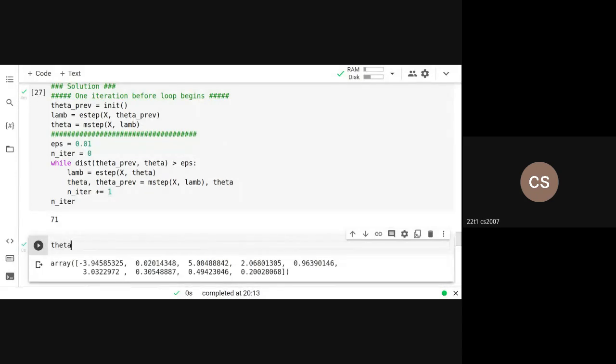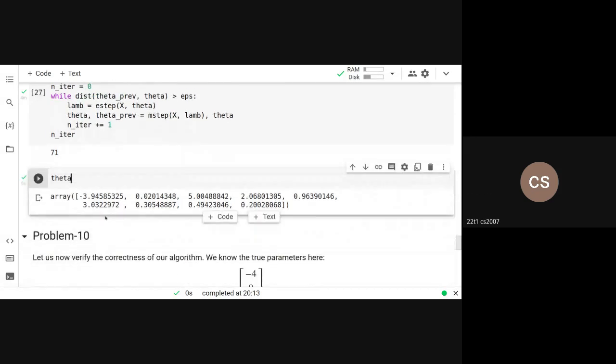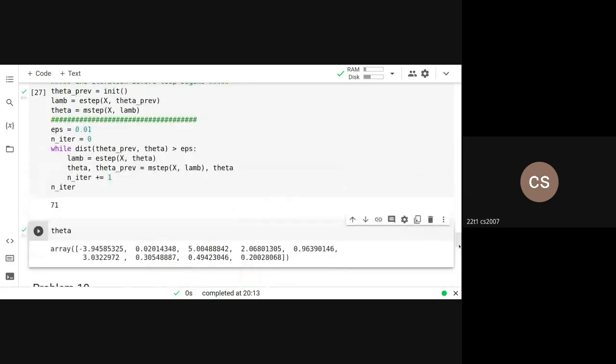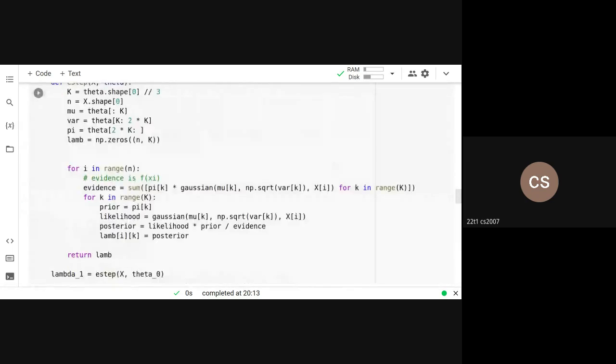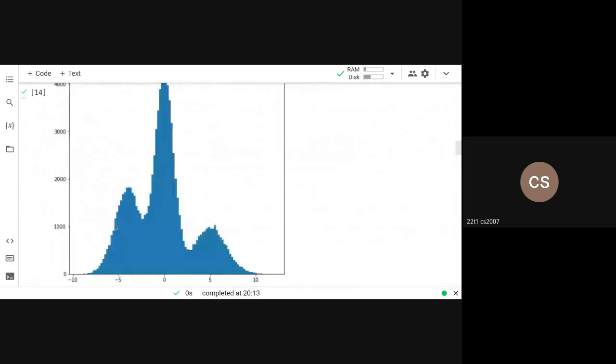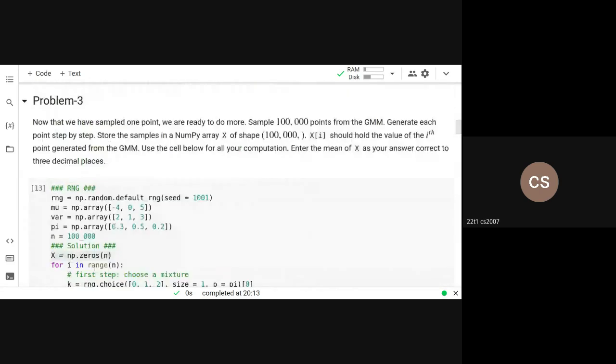Okay, so we got something like -3.05. Remember that the first three are the means. I'll print the actual theta values. Where did we have it?